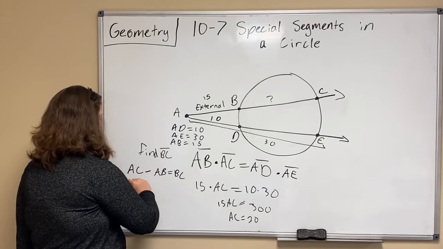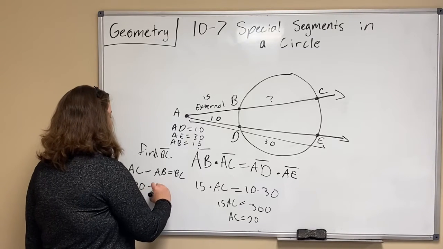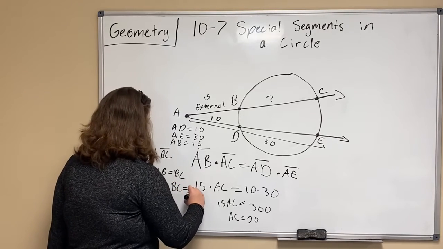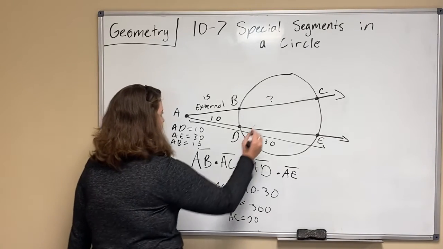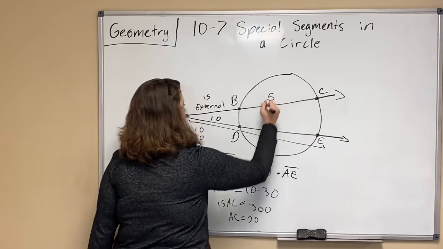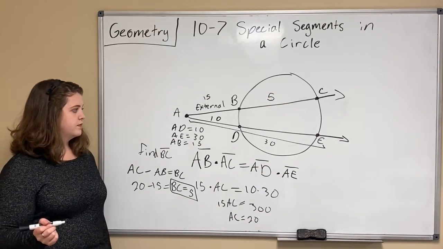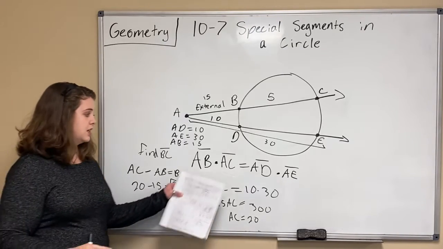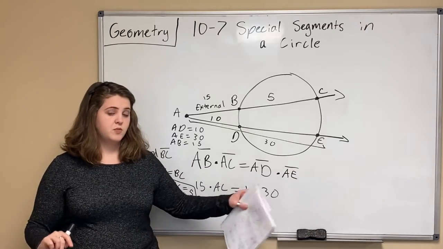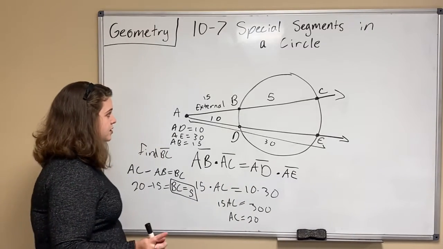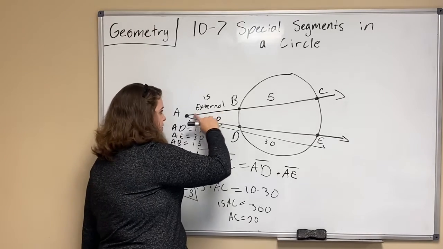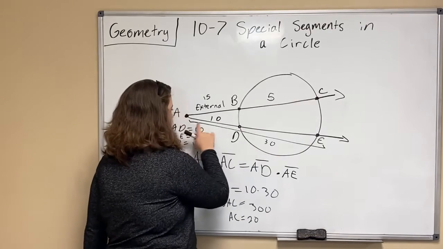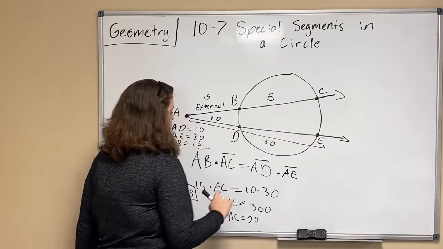So I'm going to put in 20 minus 15 equals BC, so BC equals 5. And that's my answer there. So pay attention, this is what's different about these ones from the first one. The equations look similar, but our segments of secants are different. It's an external segment and then the entire secant. External and then the whole thing.